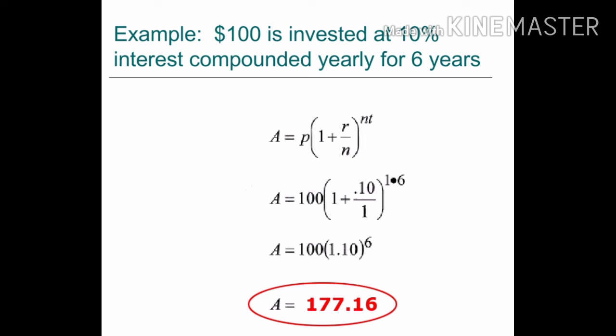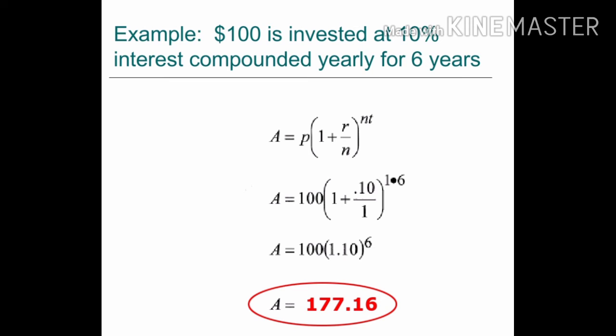The formula is A equals P times (1 plus R over N) to the power of N times T. So A, the total amount, equals 100, the principal, times 1 plus 0.10 because the interest rate is 10%, over 1 because our compounding period is yearly, to the power of 1 times 6 because the time is 6 years.